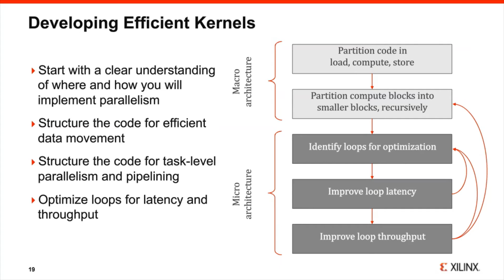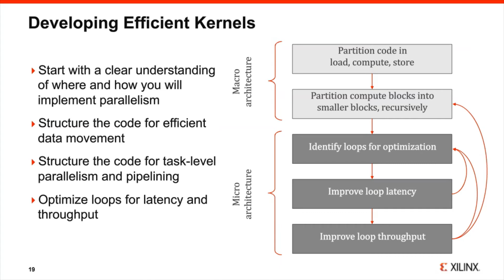When it comes to developing C or C++ kernels, there are 5 steps, as you can see from the screen. There are steps for architecture and microarchitecture. The ways of doing that could be slightly different, but it should all start with clear performance goals.